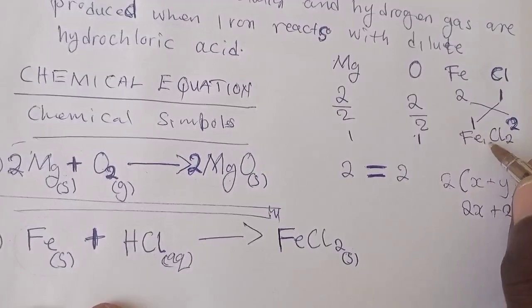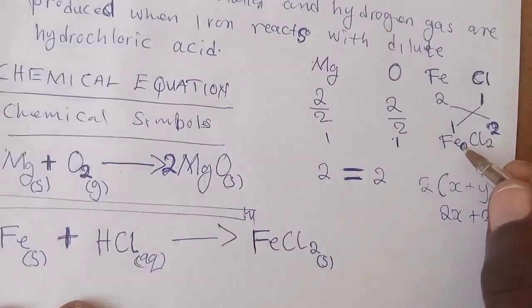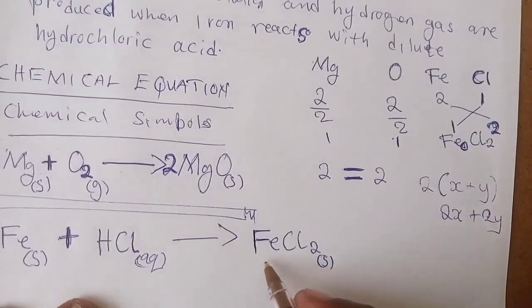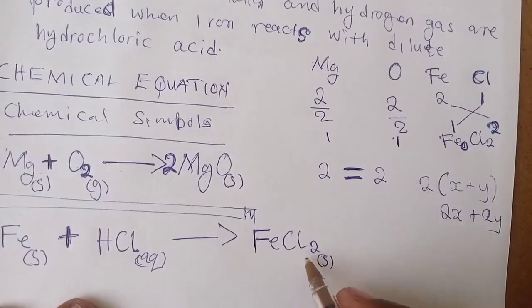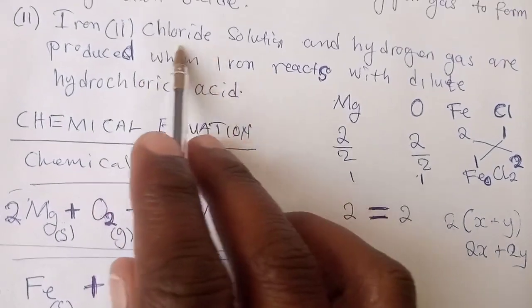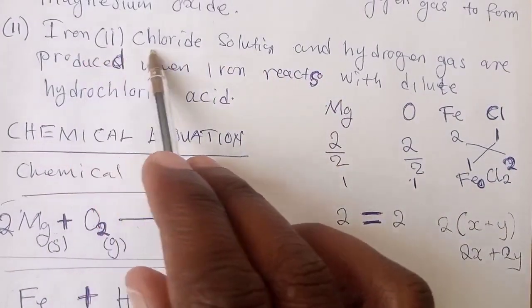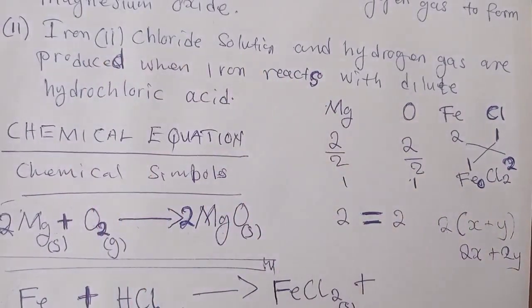But this is not making sense, so you can actually remove the 1. This is where I got it from. The product there is iron 2 chloride.